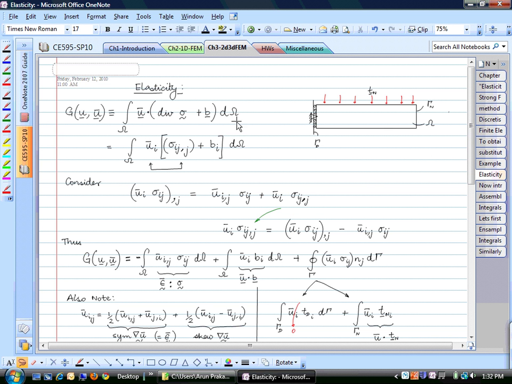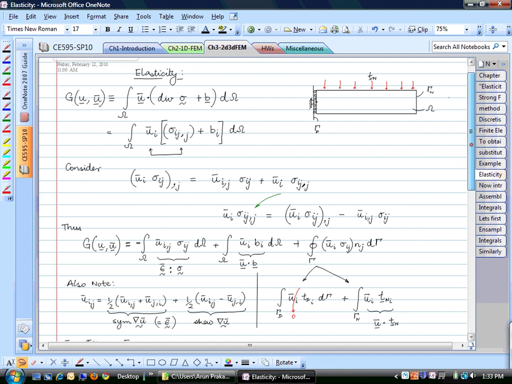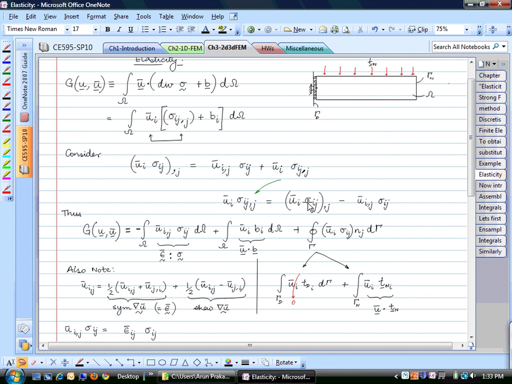So we went through the same steps. We take our governing differential equation, multiply it with u bar, do our integration by parts, and in that we also need to apply the divergence theorem. So that divergence theorem was right here. You will get this term as the integral over the domain, and that integral over the domain will then become this integral over the boundary.